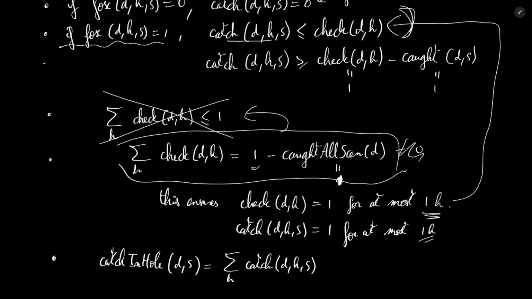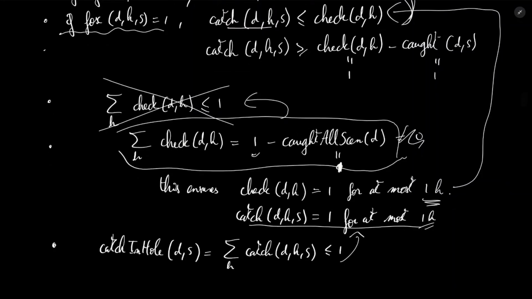And the reason why we can write that, and we are sure that it's going to be a maximum equal to 1, is because we know that catch dhs will be equal to 1 for at most 1h. So this will always be lower than 1, and it will be equal to 0 if we do not catch the fox in that specific day and scenario.